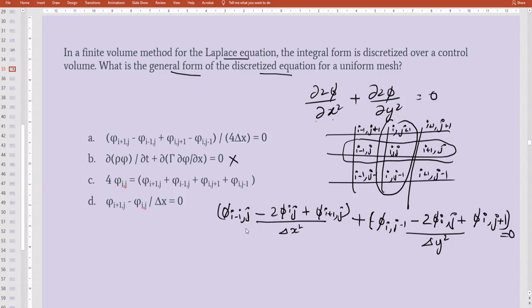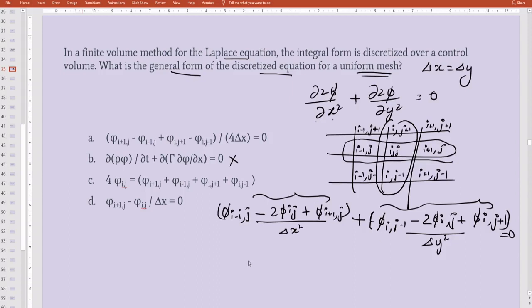So if we rearrange, and for a uniform grid, here it is said as uniform mesh, delta x is equal to delta y. So these both terms can be added together because both the denominators will be equal.